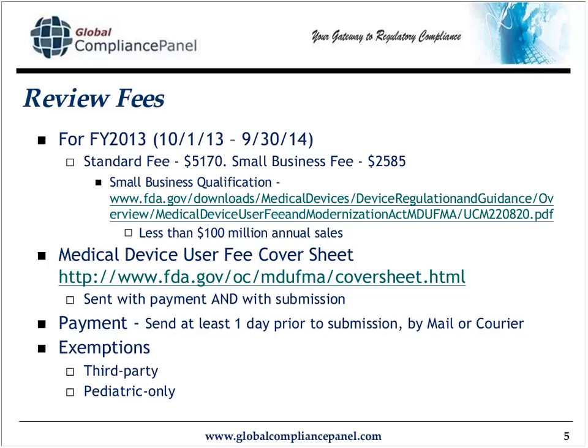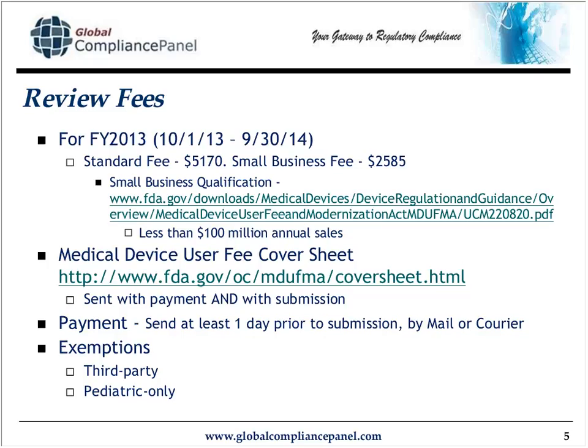When it comes to review fees, you've got to fill out a medical device user fee cover sheet. When you send your $2,500 or $5,100 in advance of your 510K, with the payment, which goes to a different location than the submission itself, you're going to identify your company and your small business number on the user fee cover sheet.